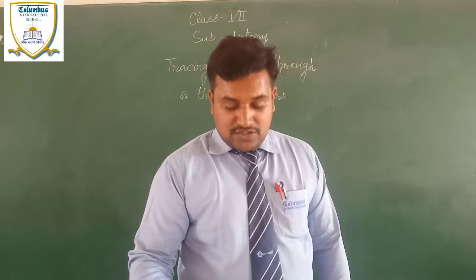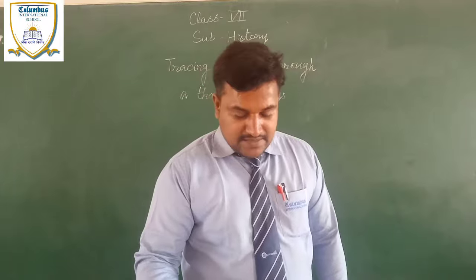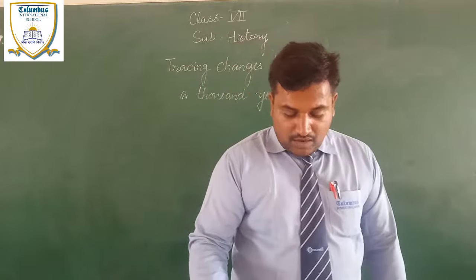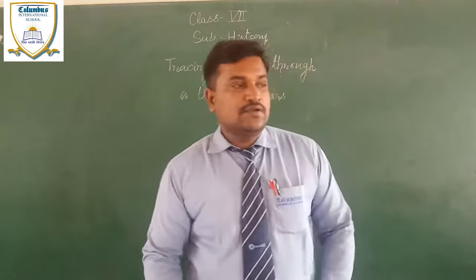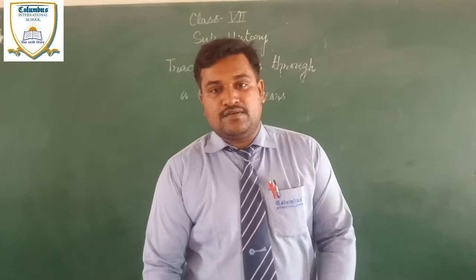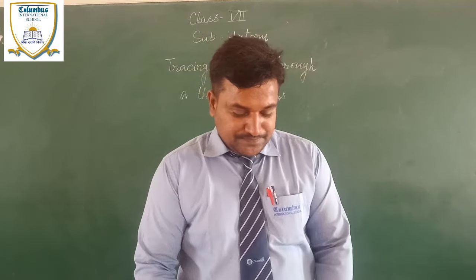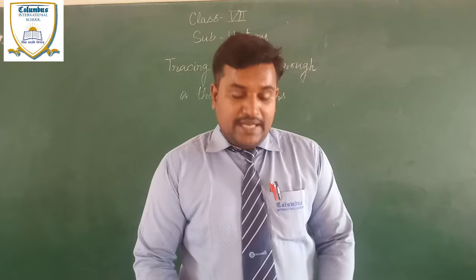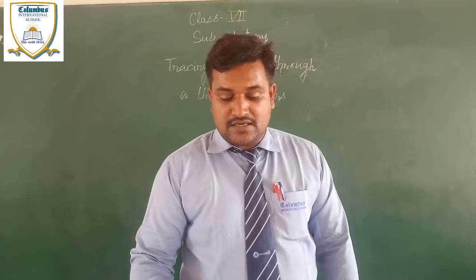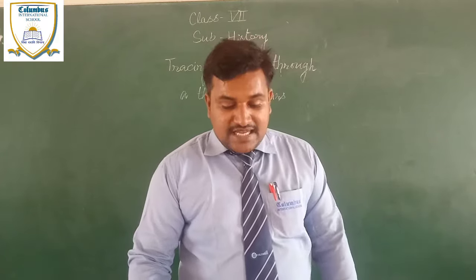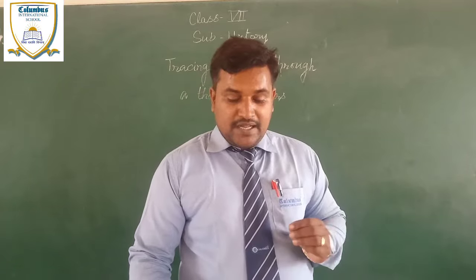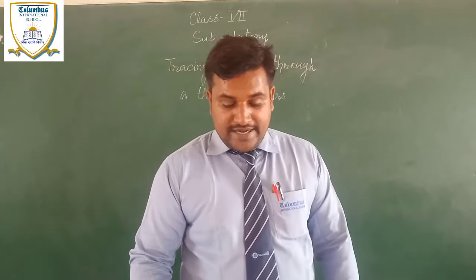This map was used by European sailors and merchants on their voyages. Voyage means traveling by sea. Equally important is the fact that the science of cartography differed in the two periods.